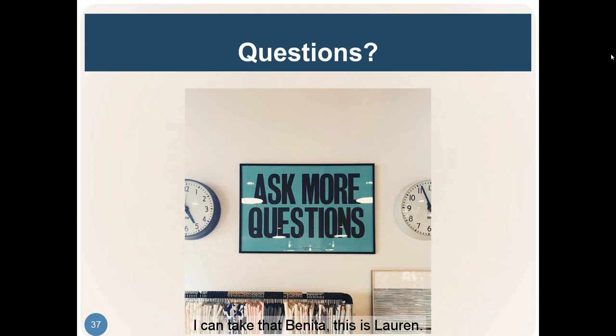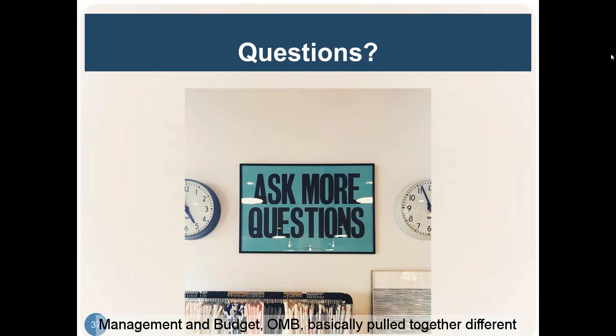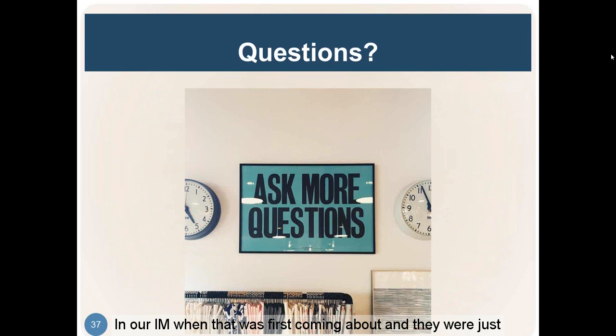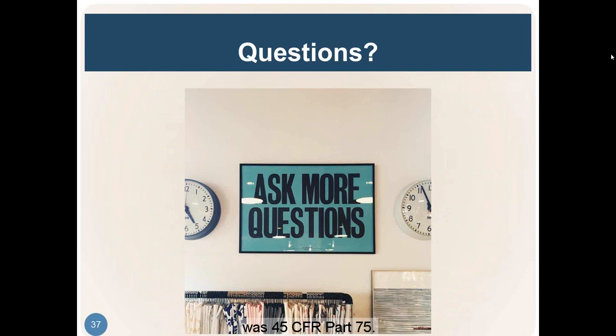This is Lauren. So you might recall I believe it was an information memorandum that we released maybe a couple years ago when the Office of Management and Budget, OMB, basically pulled together different OMB circulars that were out there, and they pulled them all together into this combined guidance called the Uniform Administrative Guidance. So in our IM, when that was first coming about and we were just trying to get up to speed with it, the original citation for it was the 45 CFR Part 75.